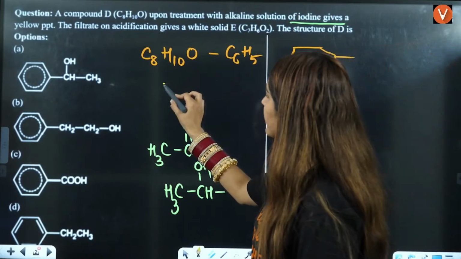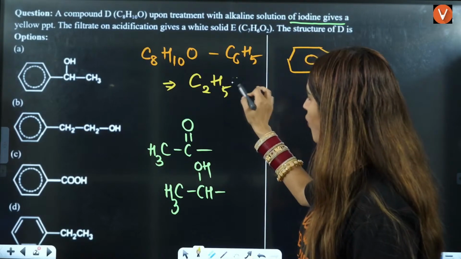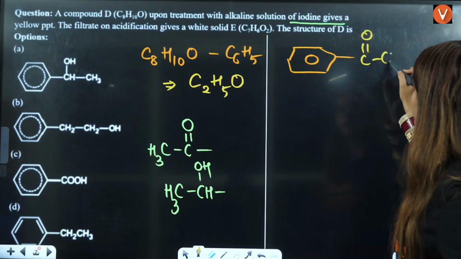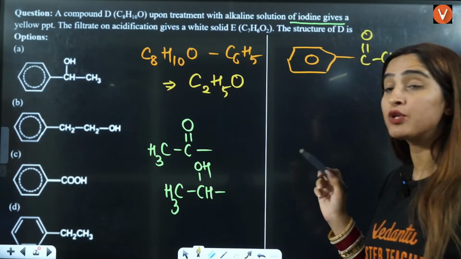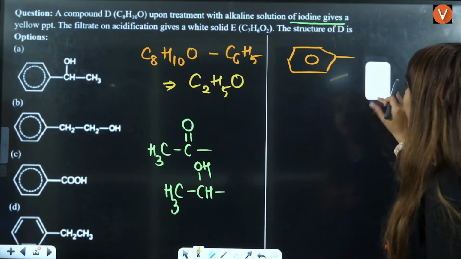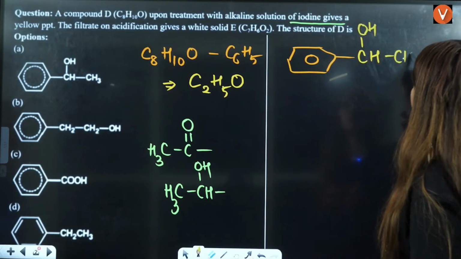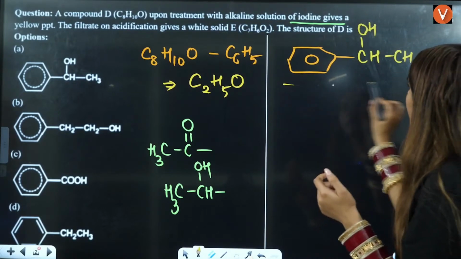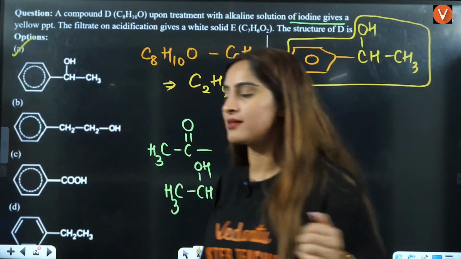Now, if you subtract this, what you will get here is C2H5O. If you attach COCH3 to benzene, this is not C2H5OH; you need to have C2H5O. So if you attach CH(OH)CH3 to benzene, this is C2H5O. That means this is the answer for D, and hence A is the correct answer here.